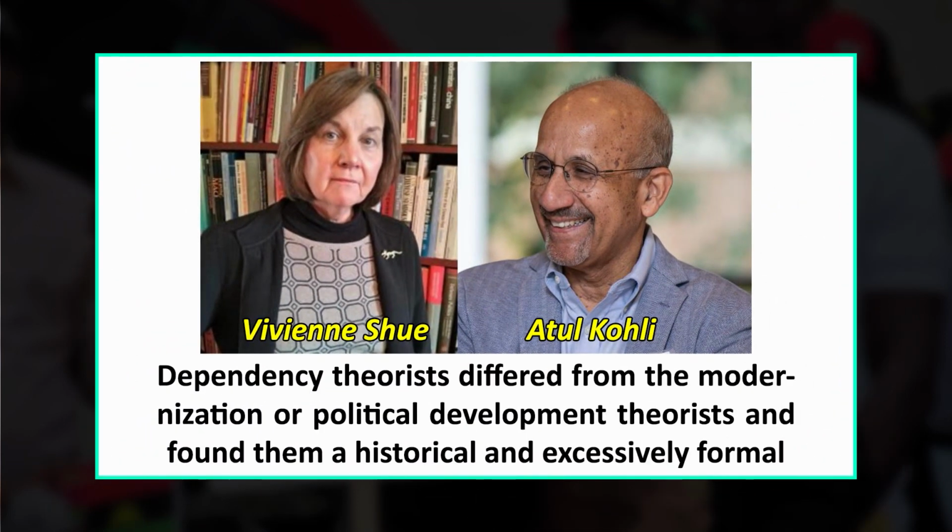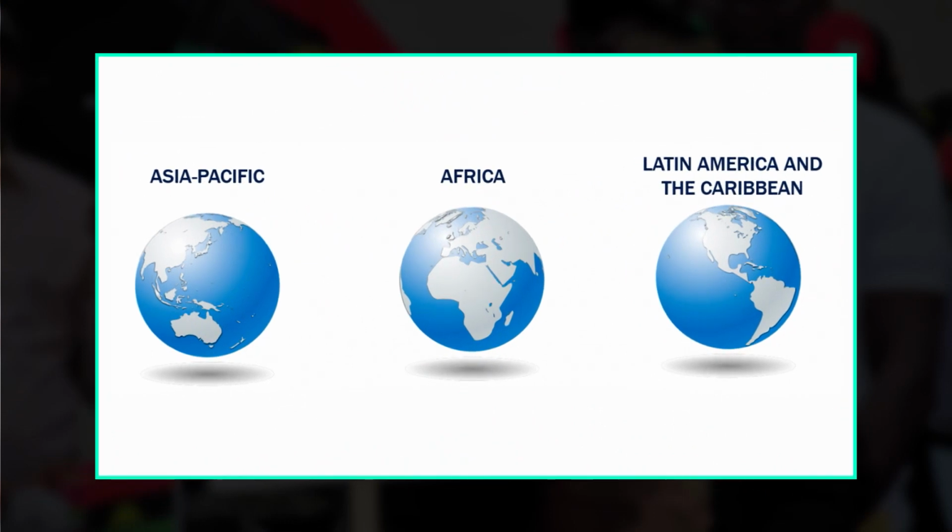As Atul Kohli and Vivienne Shue have pointed out, the dependency theorists differed from the modernization or political development theorists and found them ahistorical and excessively formal. They contested the modernization perspective that the states in Asia, Africa and Latin America were in the early stages of development.